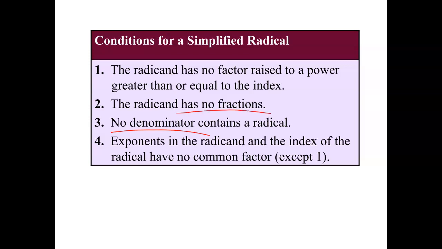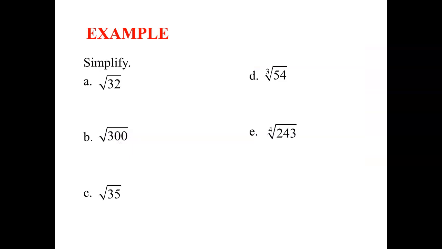Outside of that, the radicand has no factors raised to a power greater than or equal to the index. We've looked at all the factors inside our radicand and figured out which ones are perfect squares or cubes or fourth powers, whatever. Simplified those and left everything else inside. And then again, the exponents can't be simplified because they don't have a common factor other than 1.